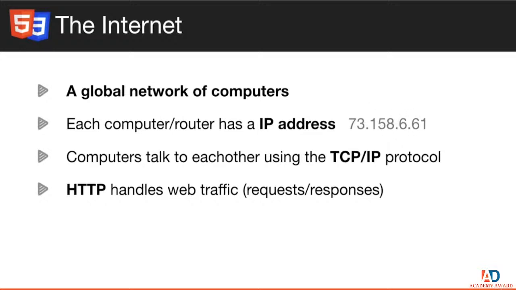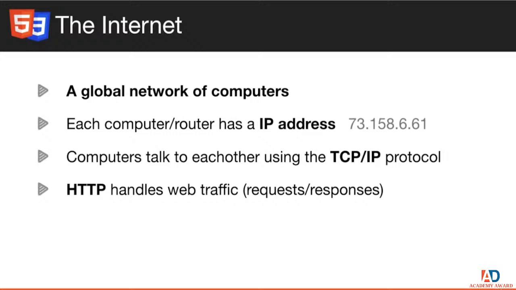Now, this is a version 4 IP address. There's also version 6 IP addresses that are much longer, and these were created for when we run out of version 4 IP addresses. And you can actually go to Google and just search "what's my IP," and you'll find different sites that will actually trace it and show it to you if you want to know what your current IP address is.